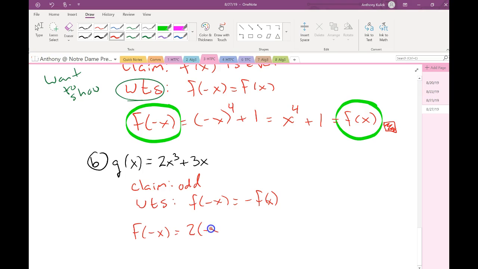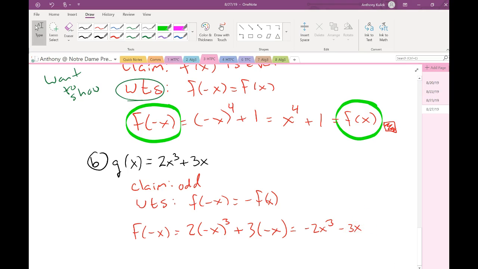I'll plug negative x in place of my x's. And then I'll simplify. So 2 times negative x to the third just becomes negative 2x to the third. And 3 times negative x just becomes negative 3x.